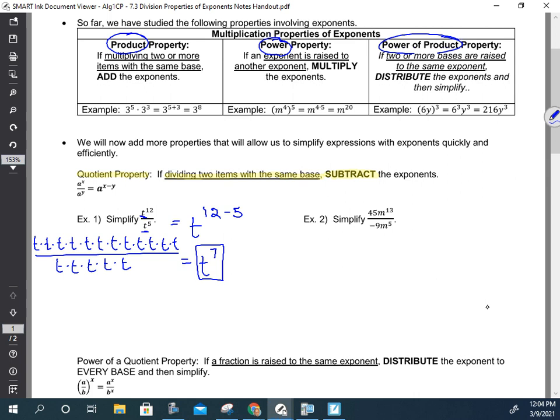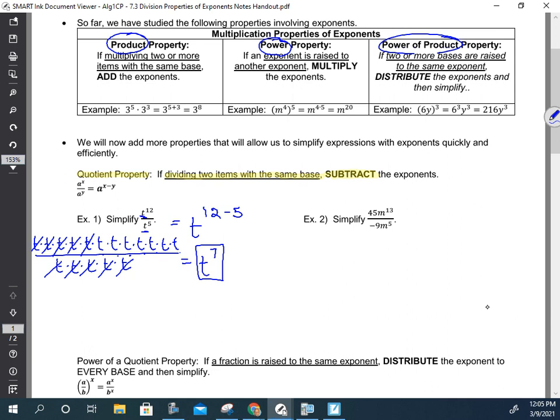If you don't remember the property, you have to write them all out and start pairing them up. These two pair up, so I can cross them out, cross them out, cross them out. You count up whatever's left over: 1, 2, 3, 4, 5, 6, 7.